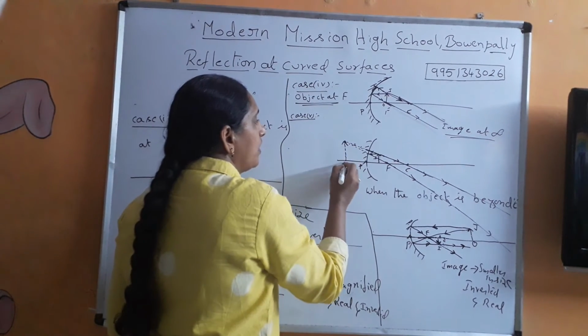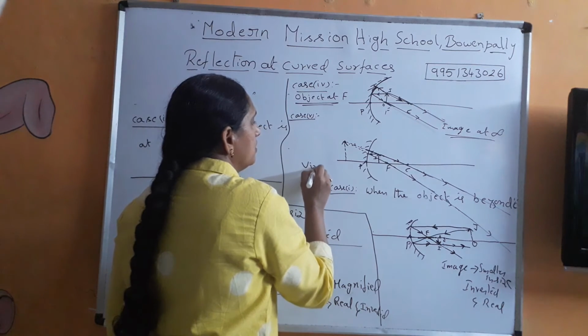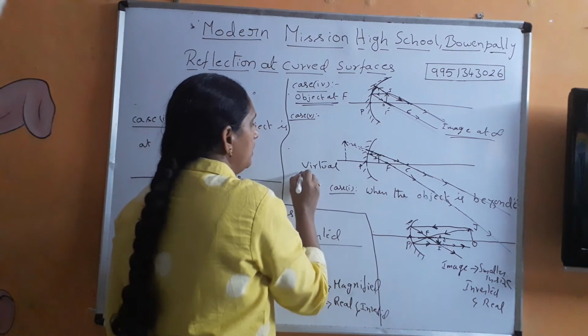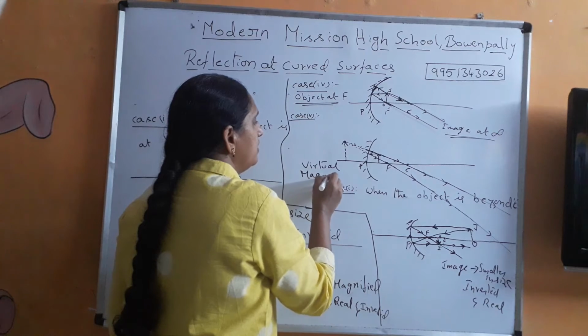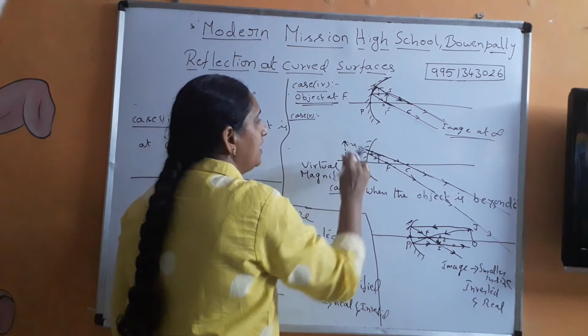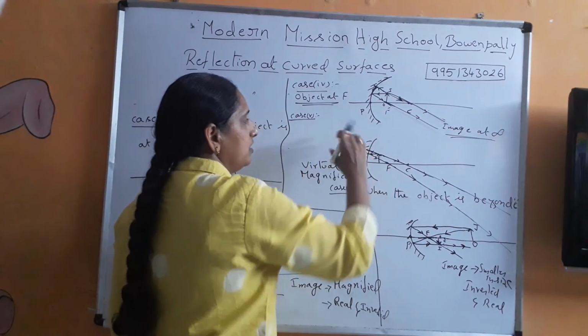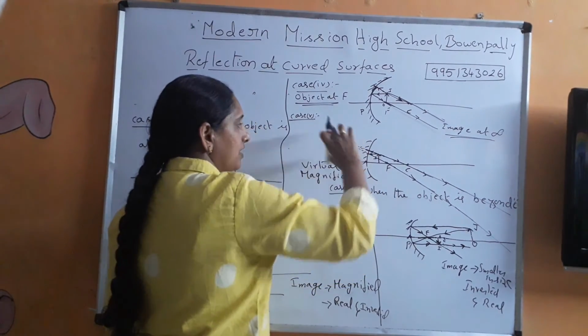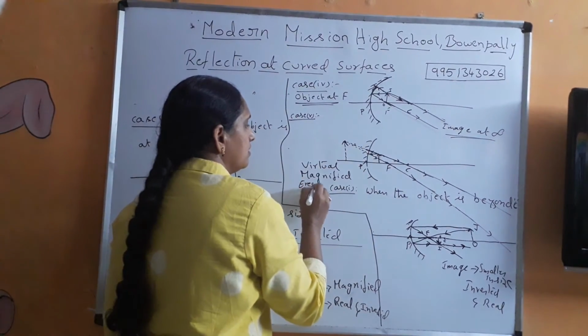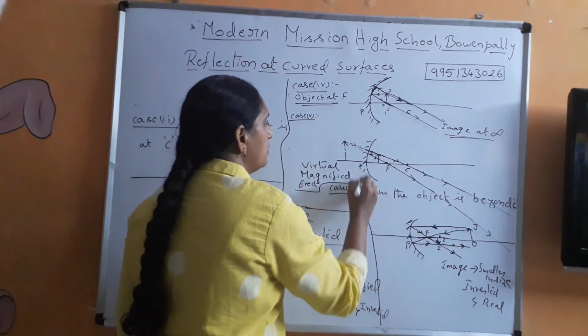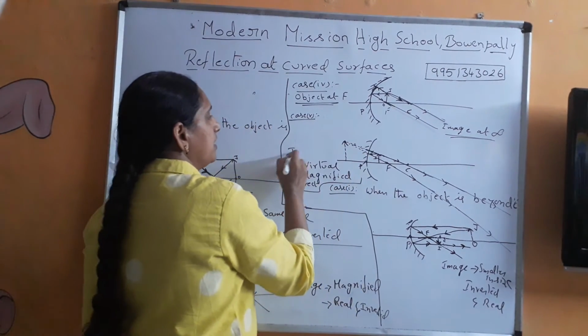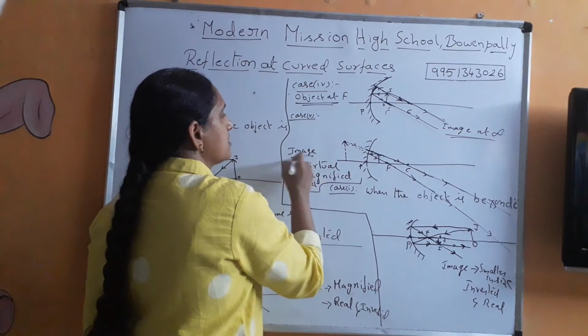This is a virtual, magnified image. And erect. The object is like that only, it's not upside down. So virtual, magnified and erect. The image kind is like this.